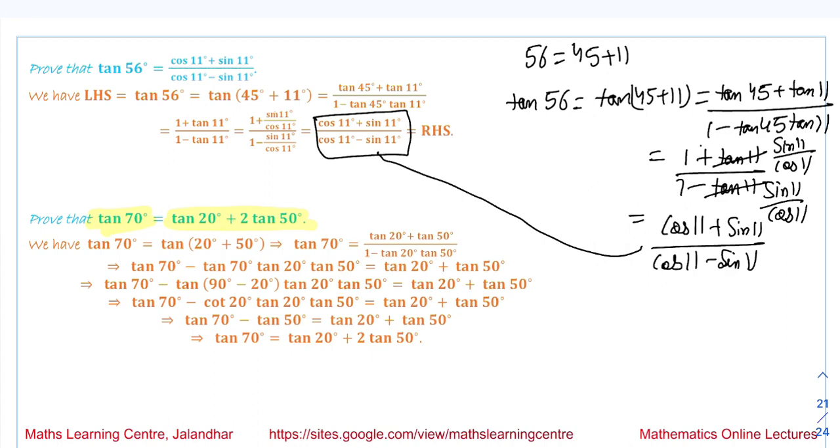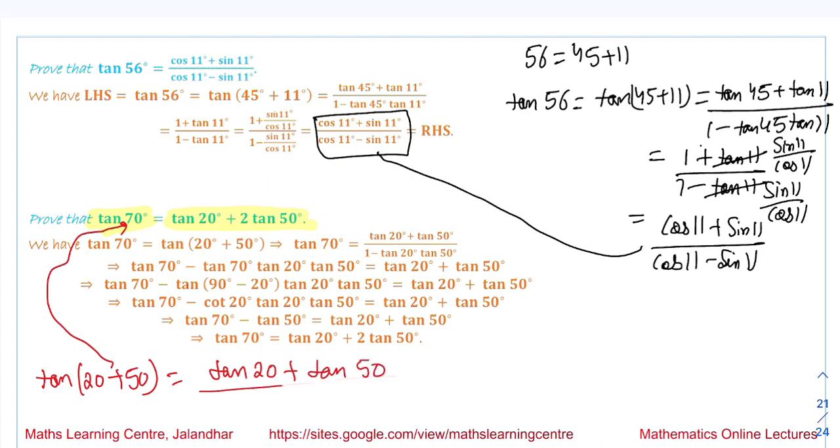Next, we have to prove that tan 70 is equal to tan 20 plus 2 times tan 50. So we can write tan of 20 plus 50; in place of 70 we are writing 20 plus 50. So the formula we have is tan of 20 plus tan of 50 divided by 1 minus tan of 20 into tan of 50, and this is equal to tan of 70.